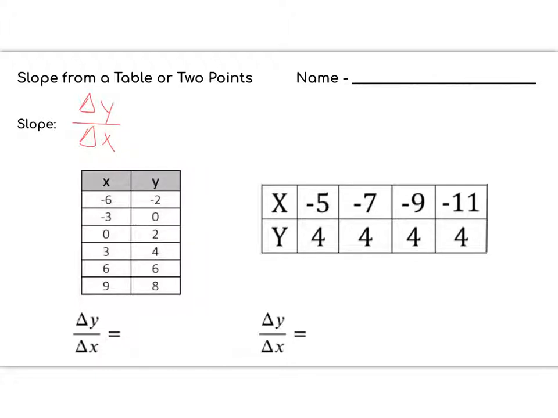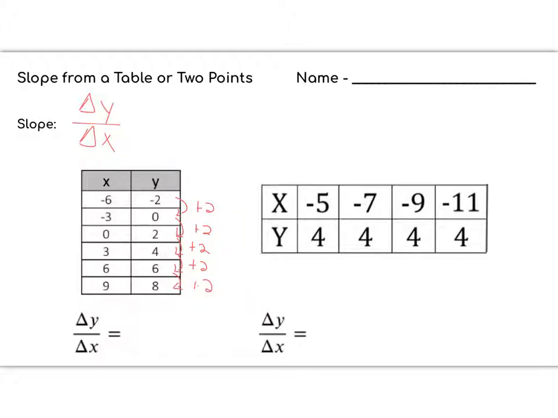So what you do is you look at the table, and you want to be very careful here to know that your y coordinates are here and your x coordinates are here. And you're going to ask yourself, how do I get from -2 to 0? I add 2, right? From 0 to 2, I add 2. Each one of these on this particular table, I'm adding 2 each time.